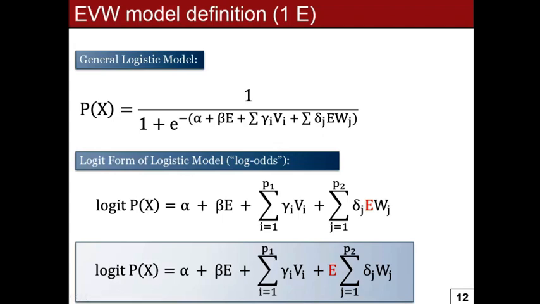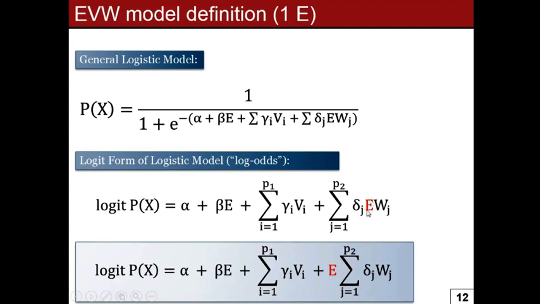You can write the logit form of that similarly like this. When you logitify it with the logit function, you're taking the log odds of the probability, and it becomes a linear function that looks like this. You have the same exposure term here: E times W1, E times W2, and so forth, in this sum.